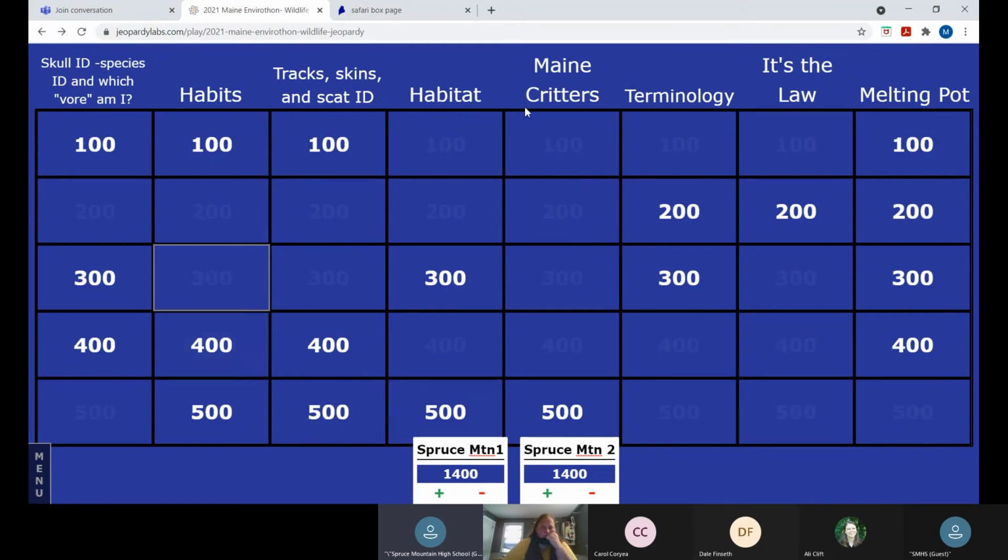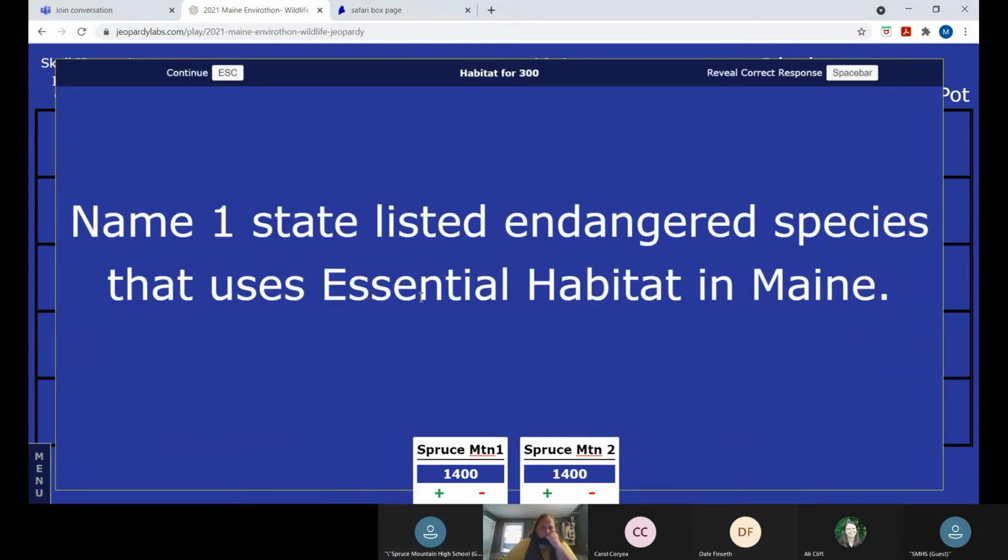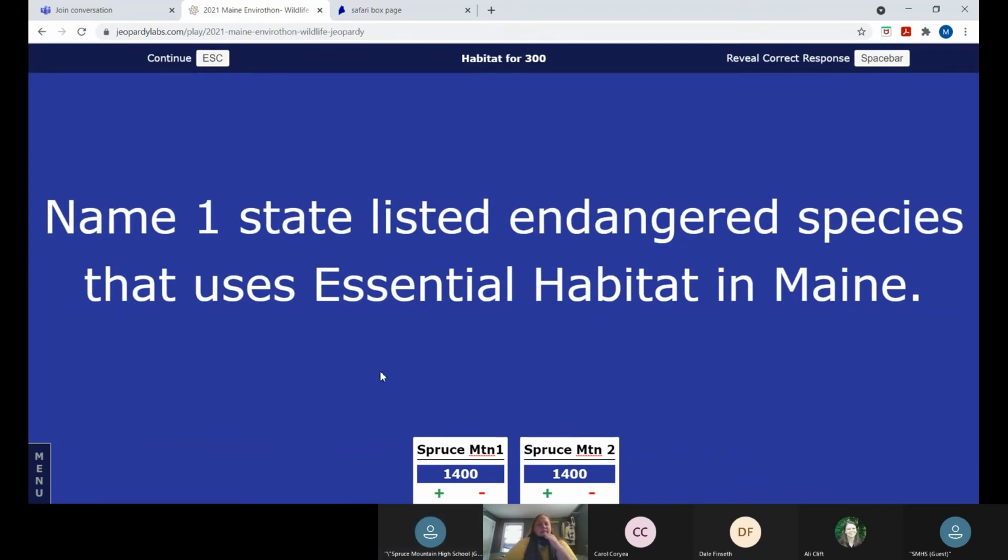Habitat 300? Name one state-listed endangered species that uses essential habitat in Maine. An essential habitat is a designation.